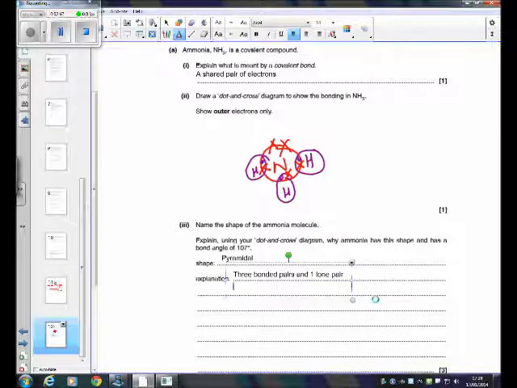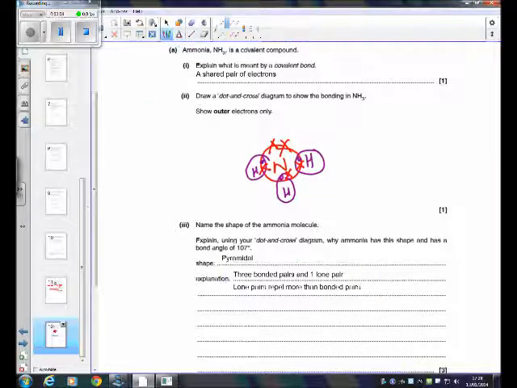And then you need to say that lone pairs repel more than your bonded pairs. And that's what you need to put for your 3 marks. So you get a mark for that statement, a mark for this statement, and a mark for that.